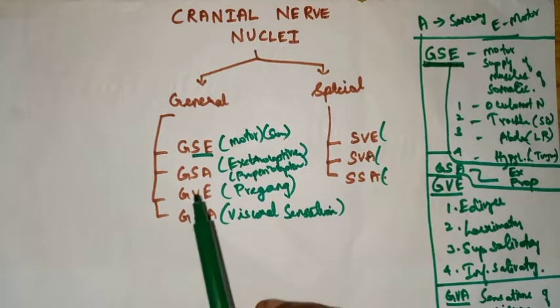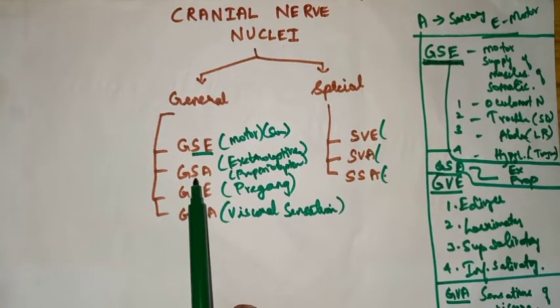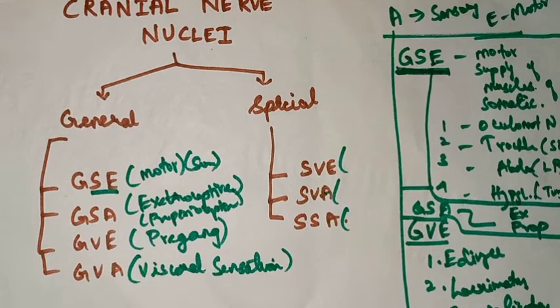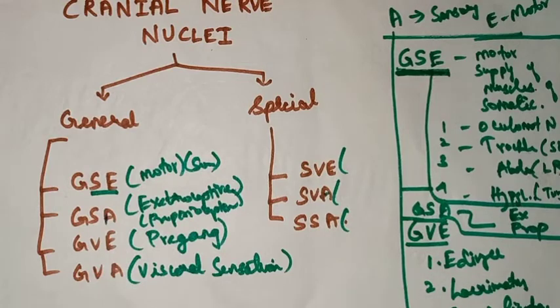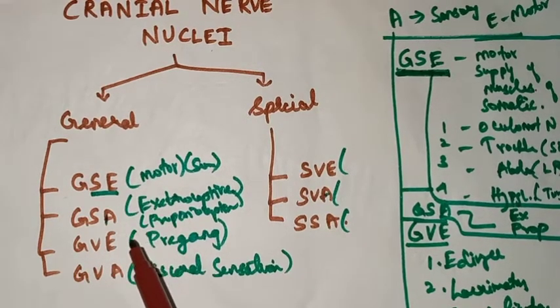Then let's move on to GSA, which is general somatic afferent. Afferent meaning the sensation must go from the periphery to the center. Here we have 2 subdivisions, which are exteroceptive and proprioceptive.